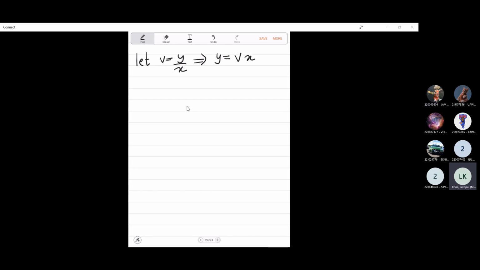So v over here is another function in terms of x. Now we want to work out dy/dx.